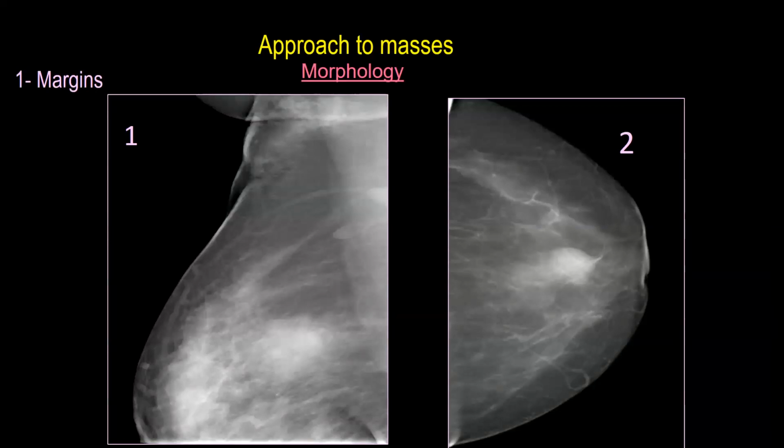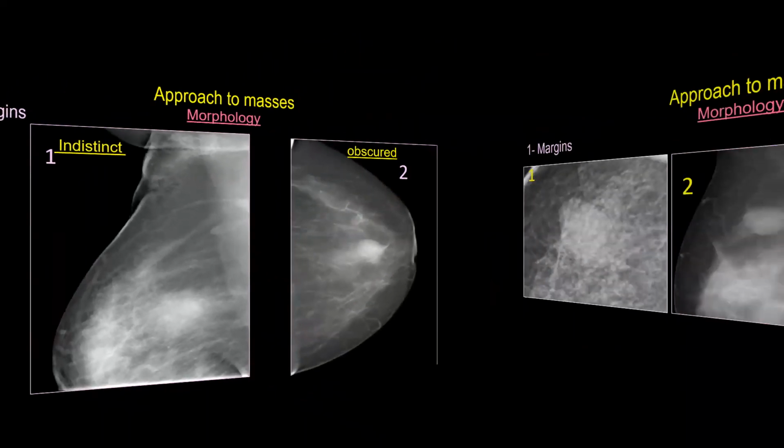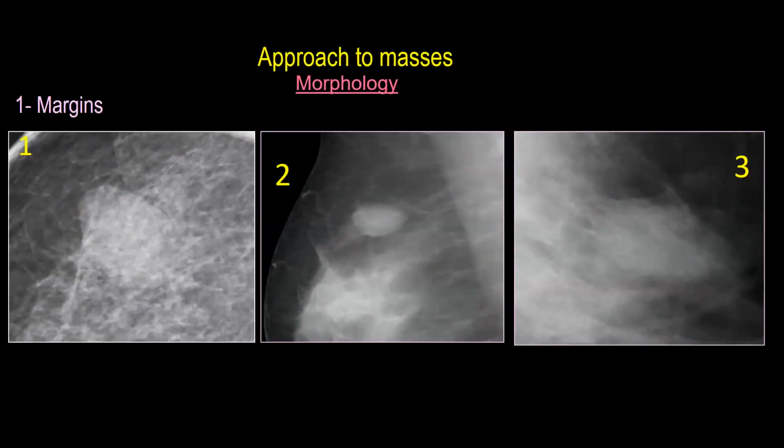Two, partially obscured. Excellent. Because here I can see circumscribed, and here I can see more than 25% obscured by the adjacent parenchyma. That is why I can call it obscured. This is obscured and this is indistinct. Okay, so what about the margins of these three examples?